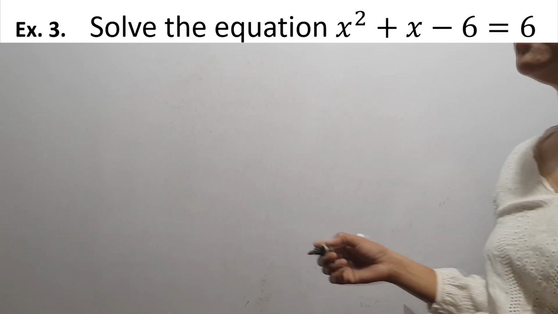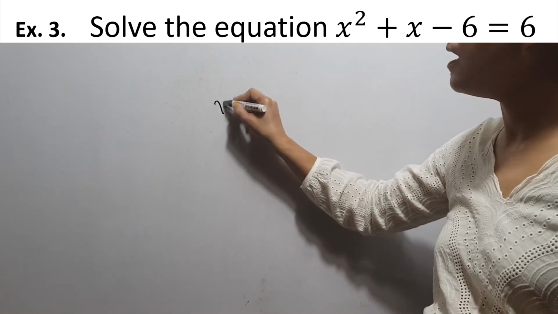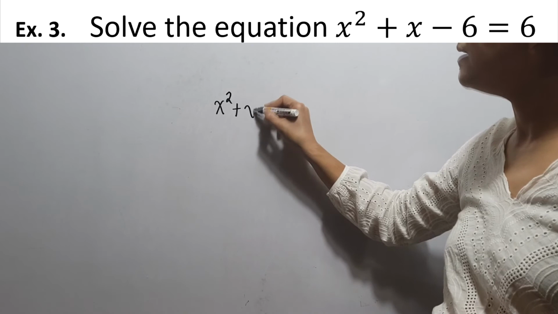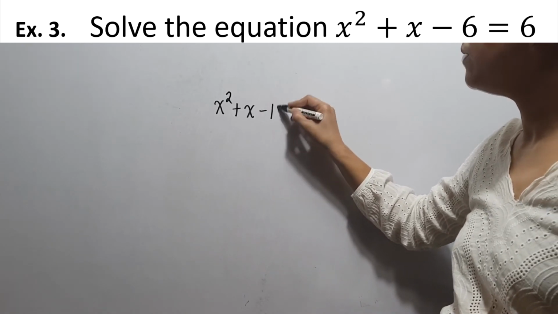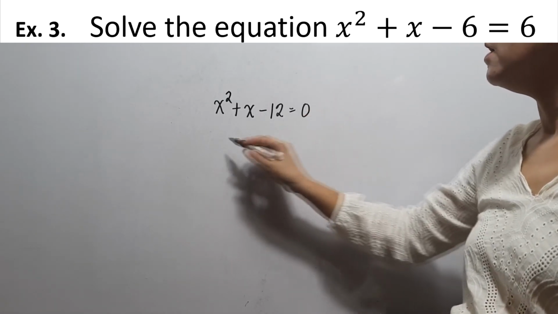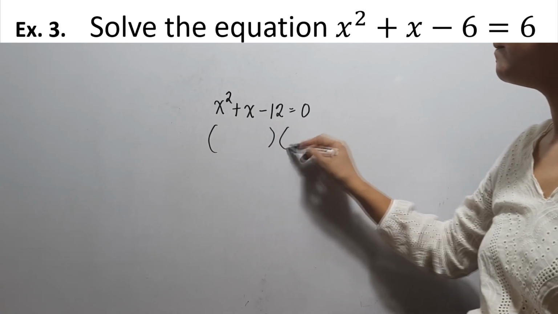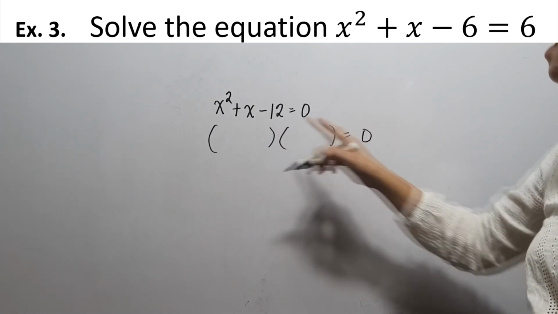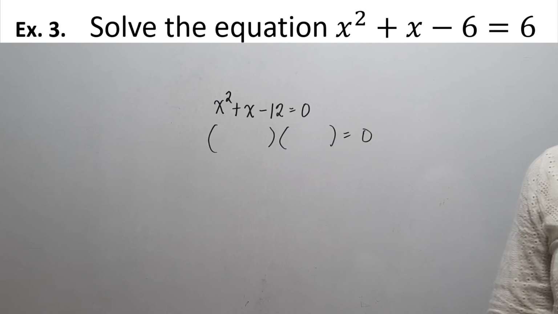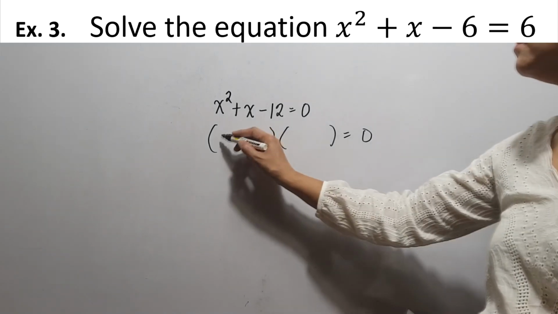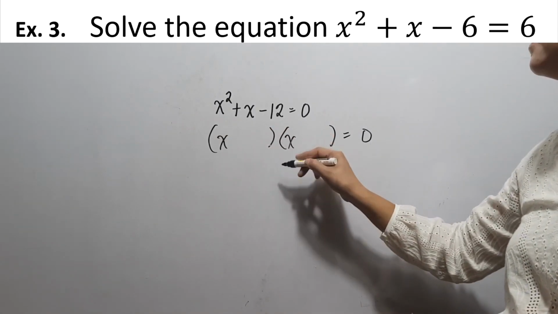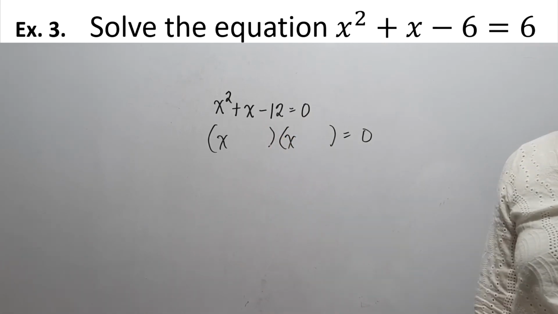Okay, so factorable nga yung trinomial na x squared plus x minus 12 equals 0. So, let's factor. Napakadali. The coefficient of x squared term is 1, so x. The last term is negative 12.